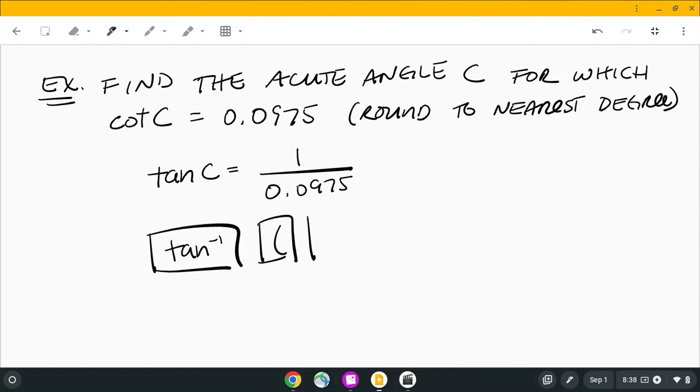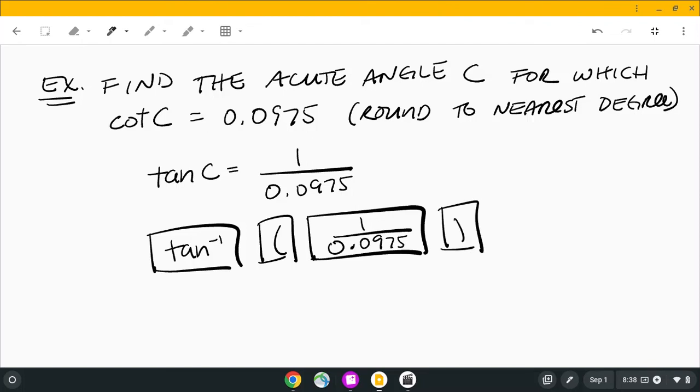I'm just going to write it all in once: tangent inverse of 1 divided by 0.0975, close your parentheses, and then you should get 84 degrees. No decimal because it says round to the nearest degree. If you have the other calculator where you have to enter this first, enter it just like this with your parentheses, and then hit your tangent inverse button.